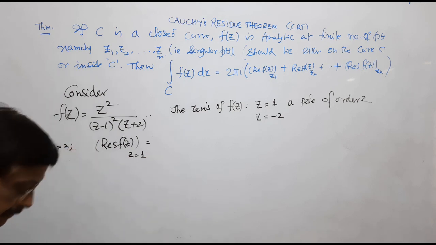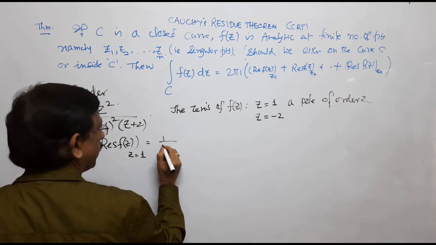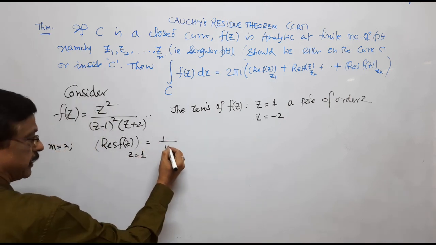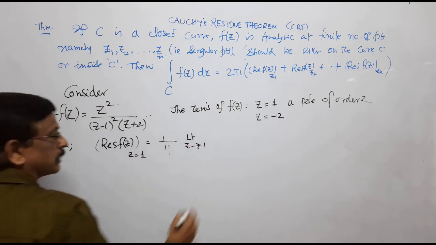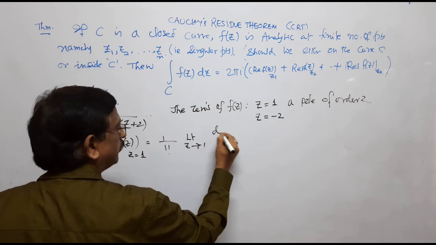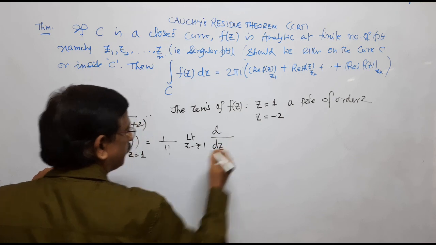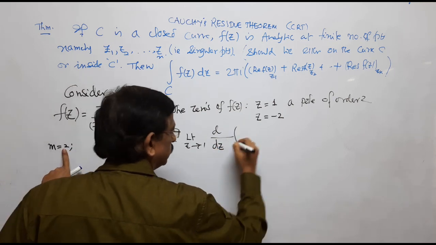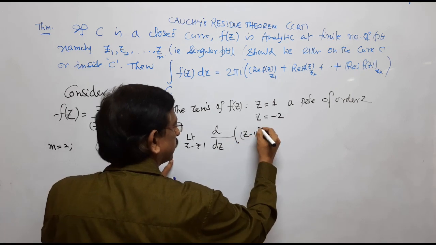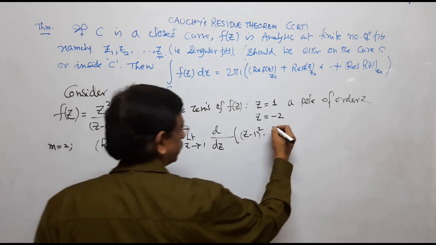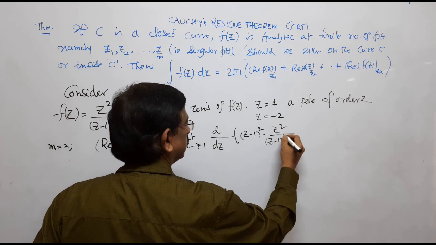This will be 1 by (m minus 1) factorial, which is 1 factorial, limit z tending to 1 of d by dz of (z minus 1) whole square into f(z), that is z square by (z minus 1) whole square into (z plus 2).